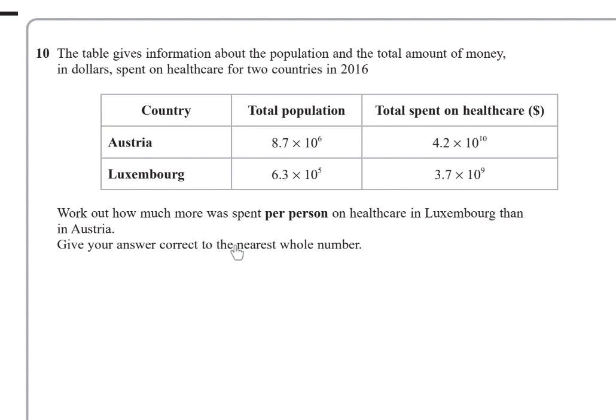Give your answer correct to the nearest whole number. For Luxembourg, to find the money spent per person, you need to divide the total spent by the total population. So divide 3.7 times 10 power 9 by 6.3 times 10 power 5.